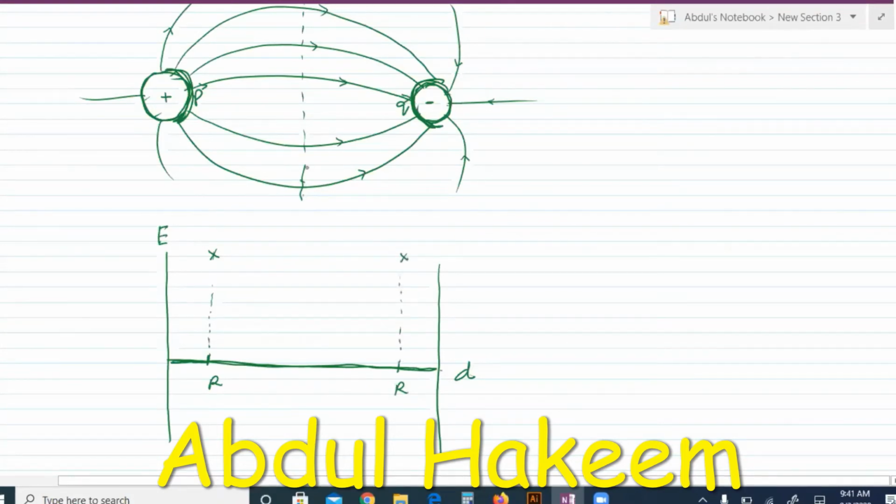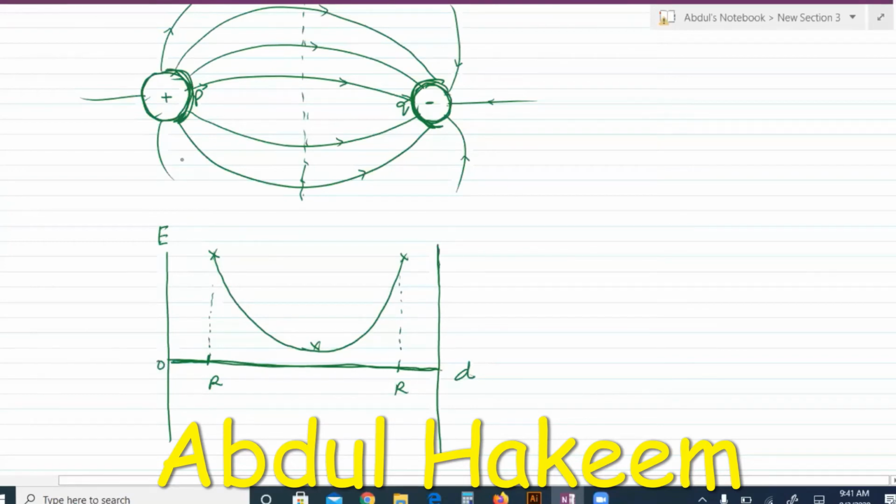But this is the line where the field is weak, small, minimum, but not zero. Suppose this is the value. So this is the graph of E and d between positive and negative charged spheres.